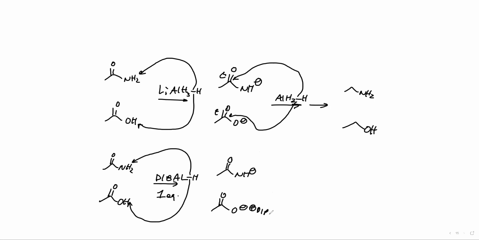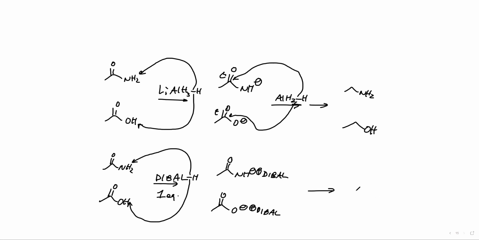But at 1 equivalent, where there's only one hydrogen, the only thing that's going to happen is this acid base. And so DIBAL only has the ability to deprotonate at 1 equivalent. Now, obviously, if this was in excess, we can continue reductions because DIBAL is the same as lithium aluminum hydride. It just, instead of 4 equivalents of H, it's 1 equivalent. So excess DIBAL will reduce both of these down. But what's the point?